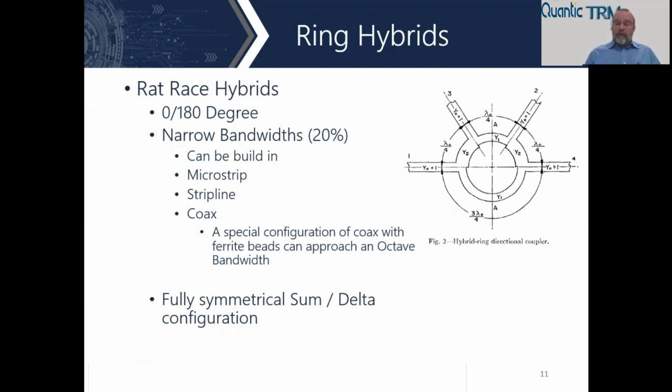And the interesting thing about coax is that if you build it with coax, you can increase the bandwidth, because you can use the coax as a reversing line, replace the 3/4 wavelength long delay line with a 1/4 wavelength line, wire it a little bit differently, and increase the bandwidth of this device up to about an octave. And TRM does do that for some of our ring hybrids, depending on the frequency and power requirements.